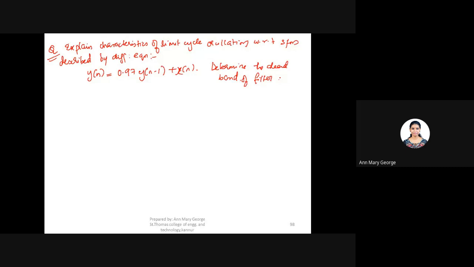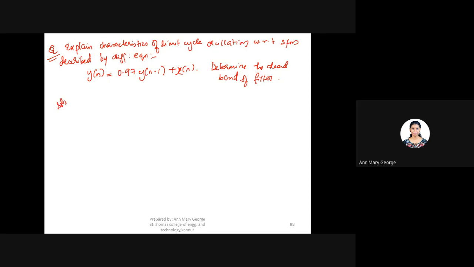Same as the earlier question, you have to first assume the 4-bit sign magnitude representation and also the input as x of n equal to 0.85. Okay, the same input you have to assume.